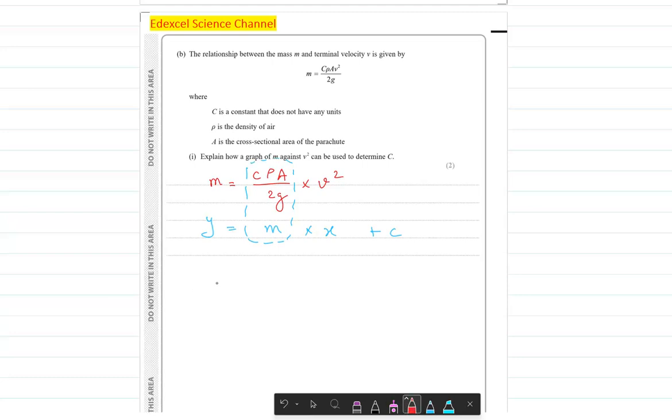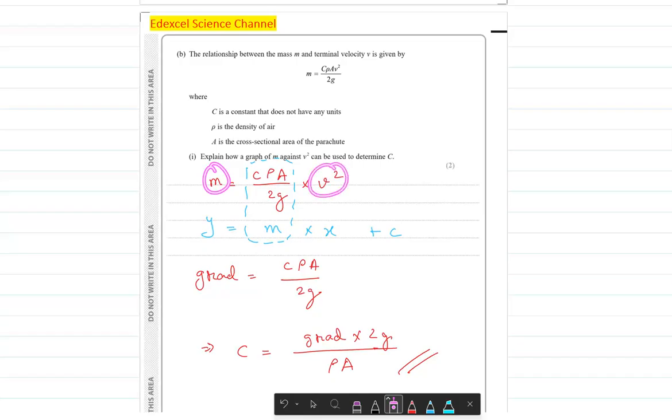So I can say that the gradient is c rho A divided by 2g. And if we want to find out the value of c, then we have to rearrange it. So it becomes gradient times 2g divided by rho times the cross-sectional area. And that is how we find out the value of c if we plot a graph of m against v squared.